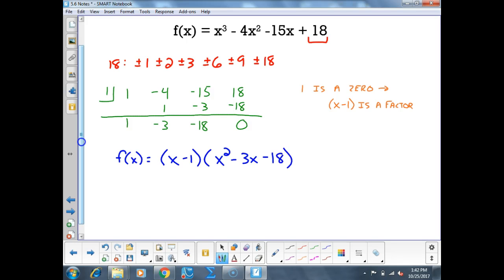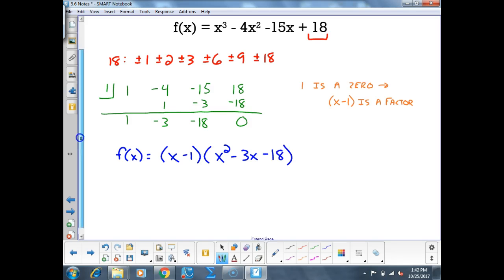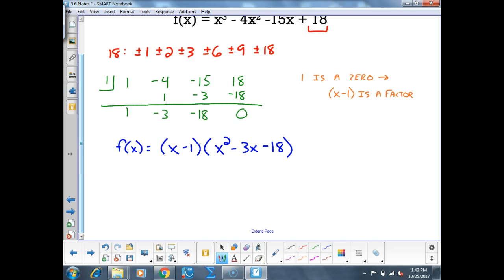Is x squared minus 3x minus 18 factorable? Yes. So that becomes f of x equals x minus 1 times x minus 6 and x plus 3.